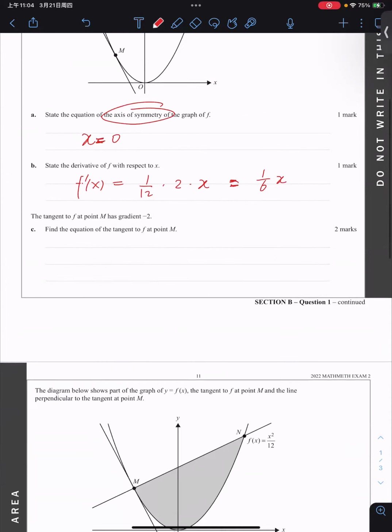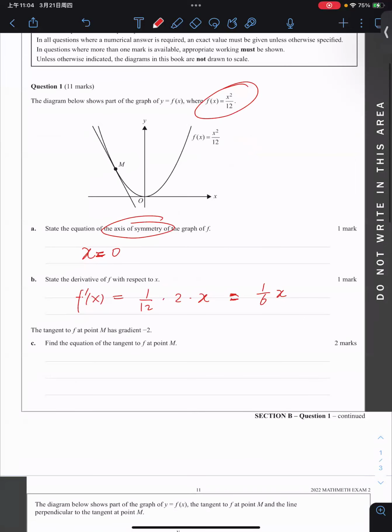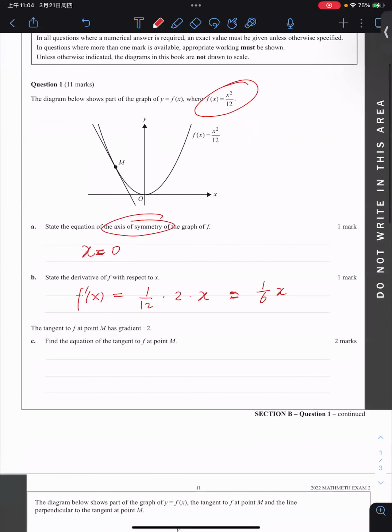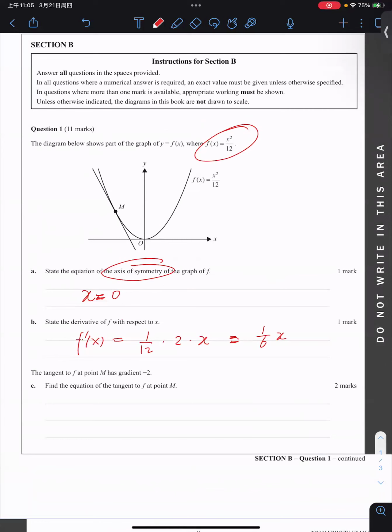That's it. The tangent to f at the point M has a gradient of -2. We need to find the equation of the tangent to f at the point M. For this question, you may be curious that I don't have enough points. Normally I have 2 points, or the point and gradient method, we need a gradient and 1 point. But now I just have the gradient. Look, all the questions are related.